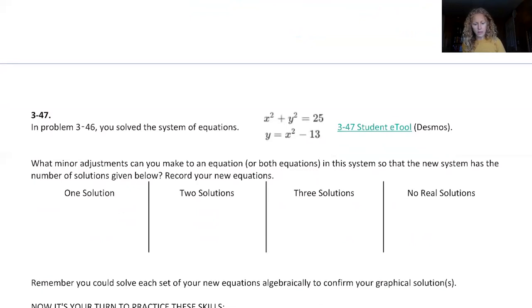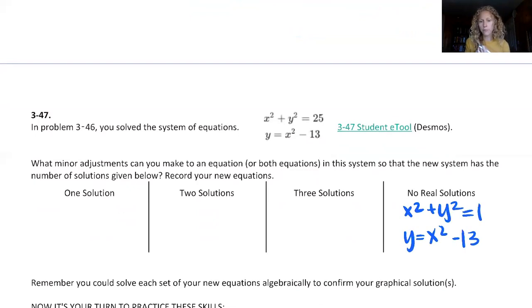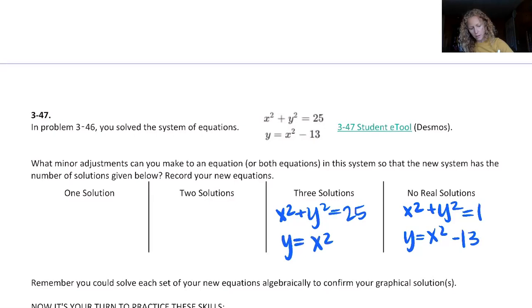Like one idea, if they had no real solutions, would be potentially if you kept the bottom equation, y equals x squared minus 13, but maybe you made the circle have a radius of 1. It's really small, it's not going to be big enough, right? 3 solutions, I think we talked about maybe the circle staying the same and moving the parabola up so that the vertex is actually at -5. 2 solutions, right?